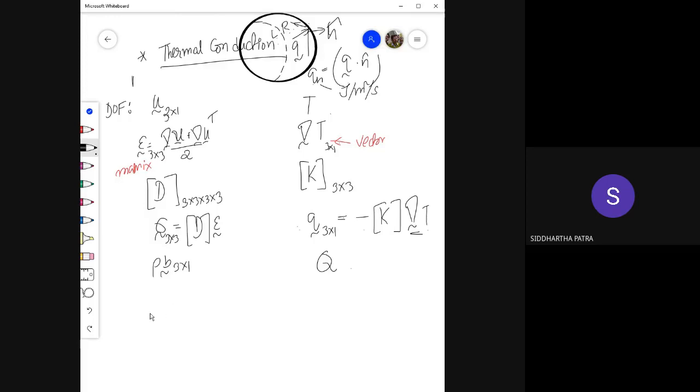And then let's say this quantity is your inertial part of the force per unit volume, which basically is the density times acceleration. Over here you have rho times Cp, the specific heat, times the rate of change of temperature.